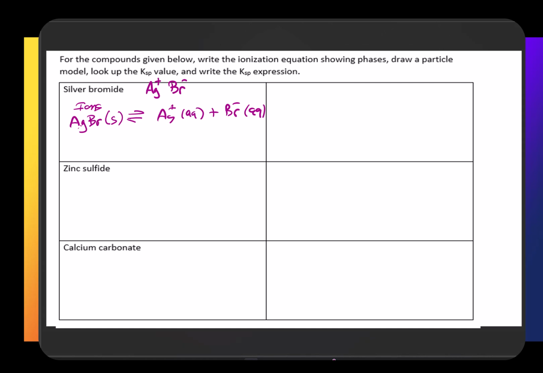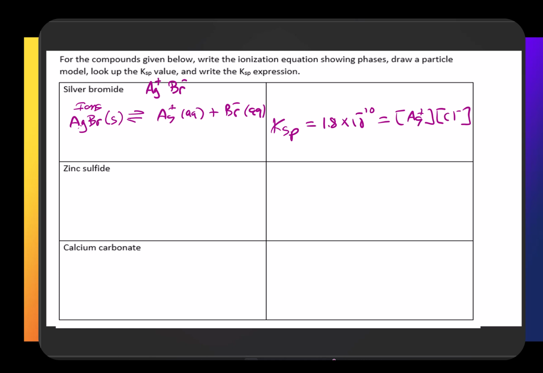So that's our reaction equation. Our KSP expression is going to have a value of 1.8 times 10 to the -10, and it's going to be the product of the dissolved ion concentrations in moles per liter. Square brackets meaning molarity.